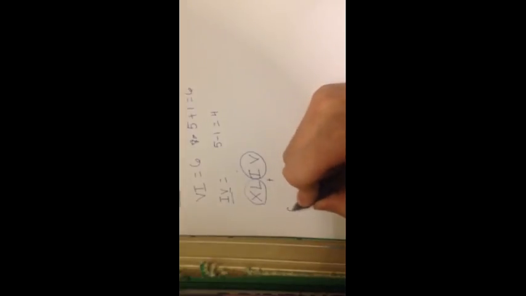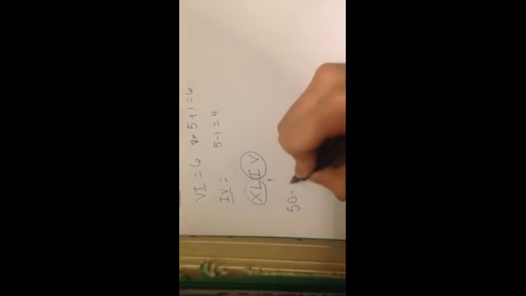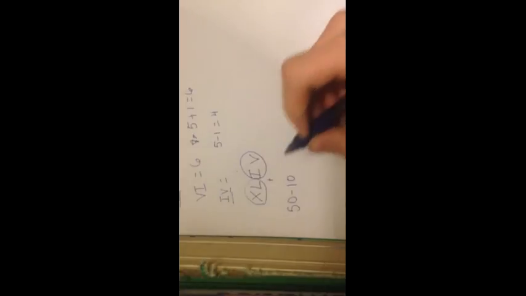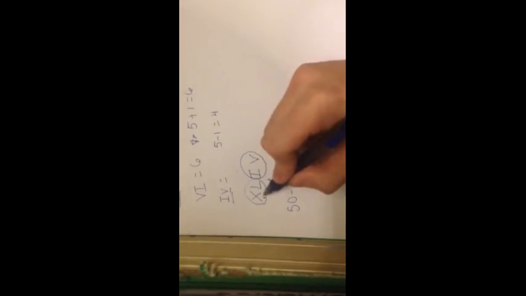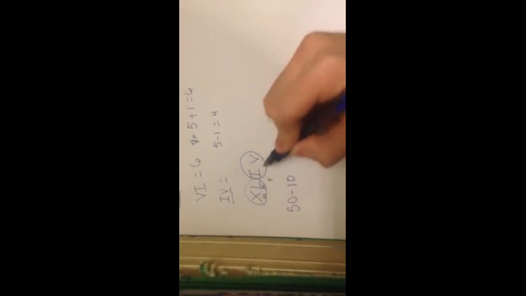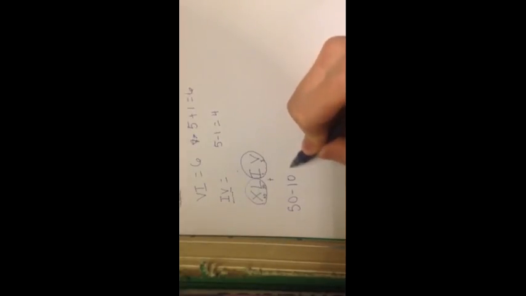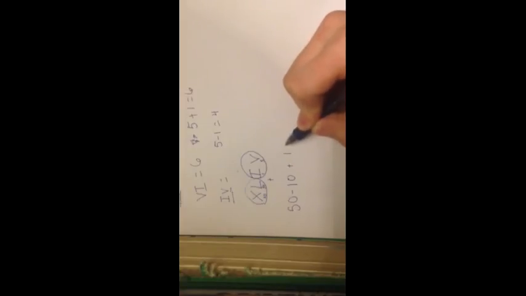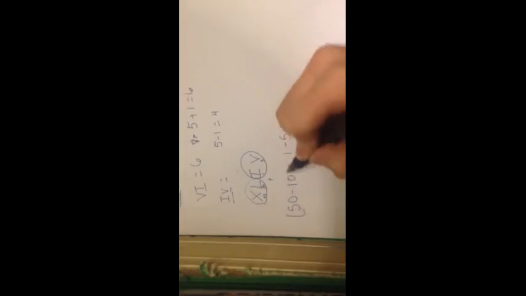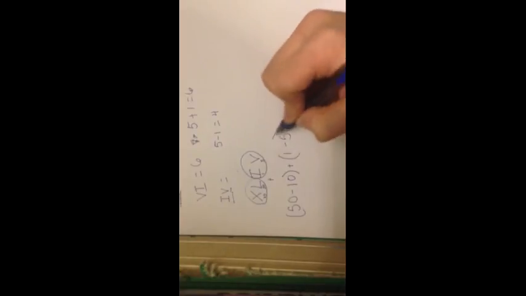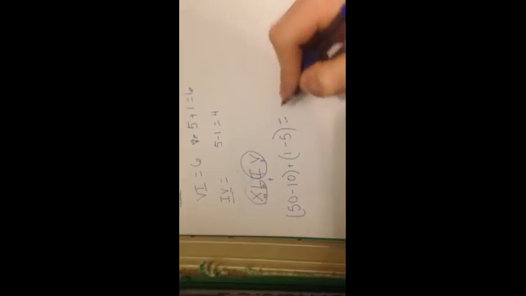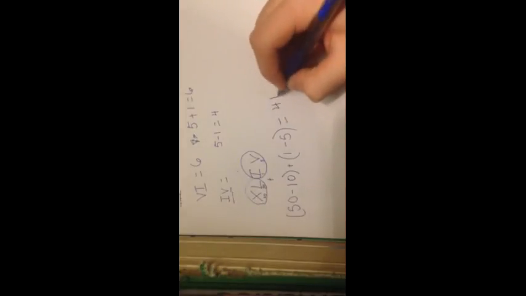So that's going to be 50 minus 10, because this 10 is coming before this 50, and then 5 minus 1, which gets you the number 44.